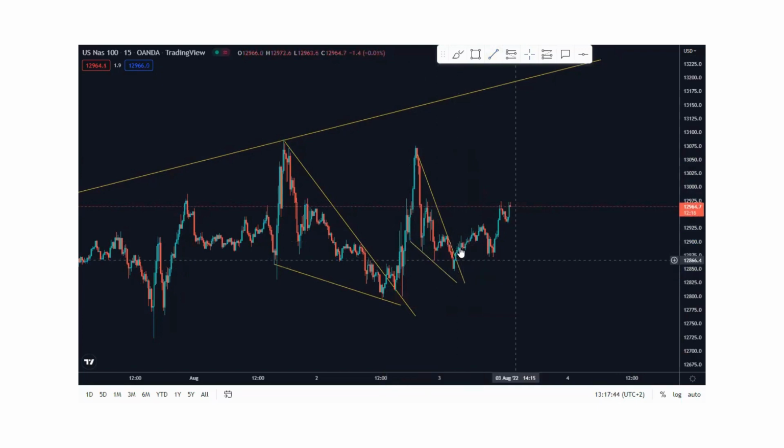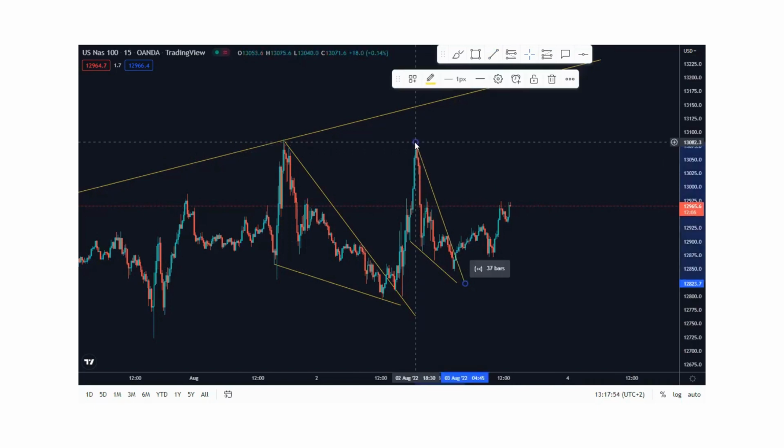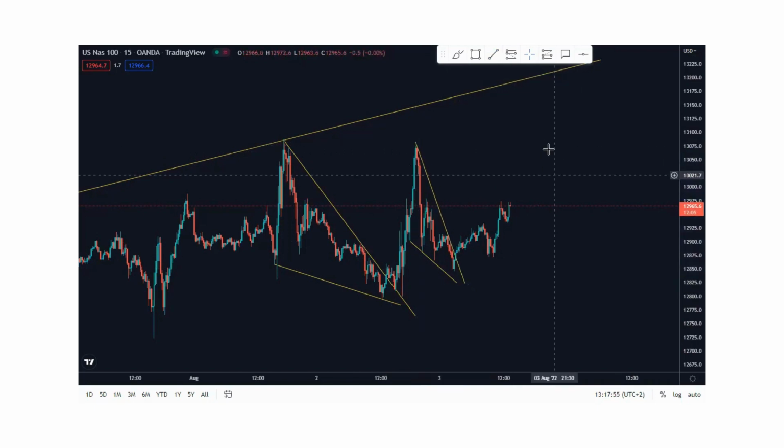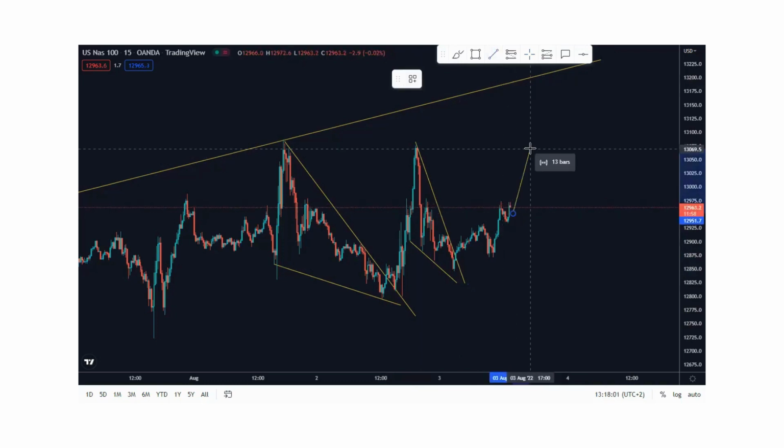I was waiting for a break, then a retest, then that's when I go in. Then my TP was going to be here. So I missed this trade, but I'm sure it's going to come up until here, then we'll see how it goes.